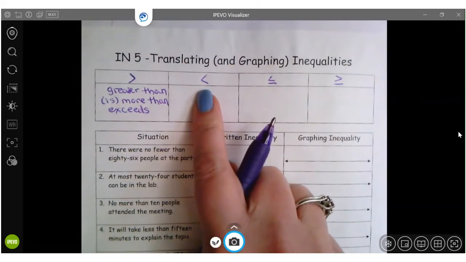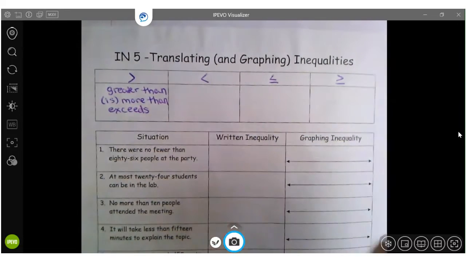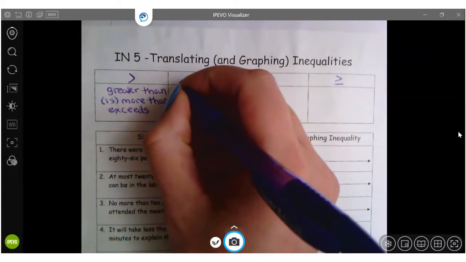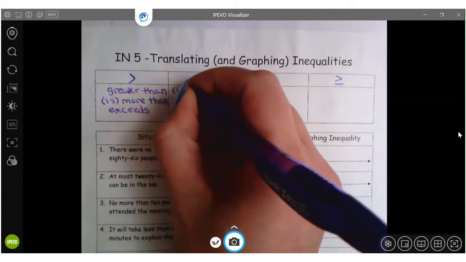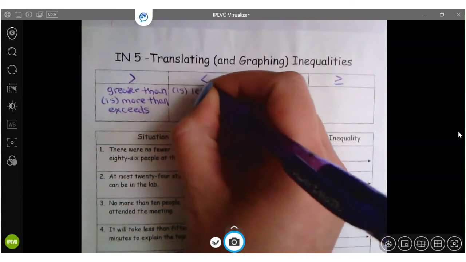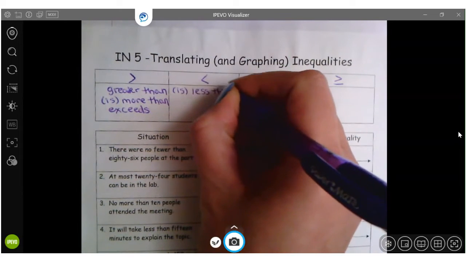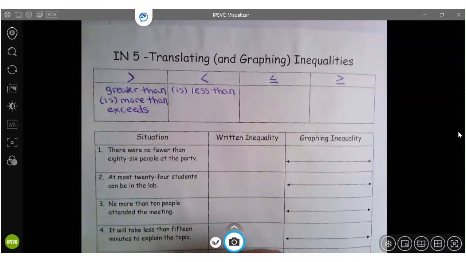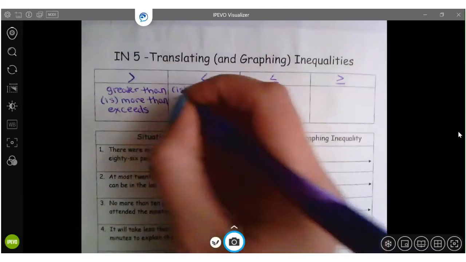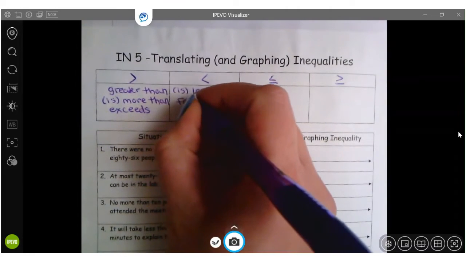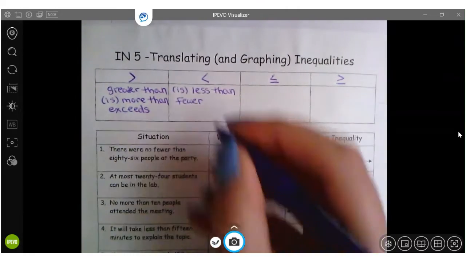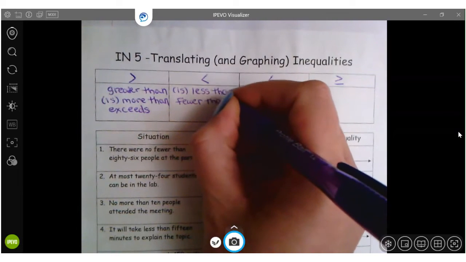All right, we have our less than sign. So you could see less than, or I'll actually put it in parentheses as well, is less than. So less than or is less than. Fewer than would be a synonym that would mean the same thing.